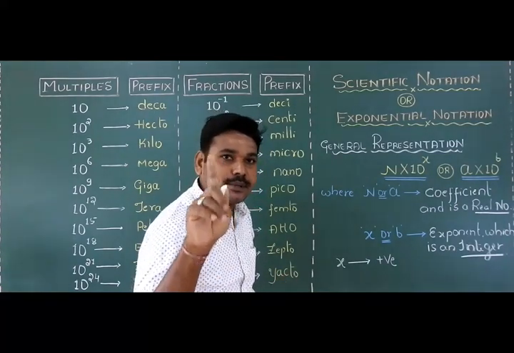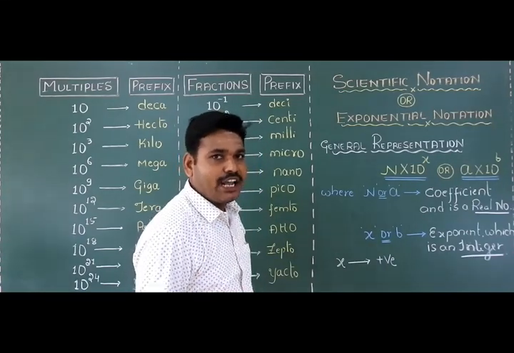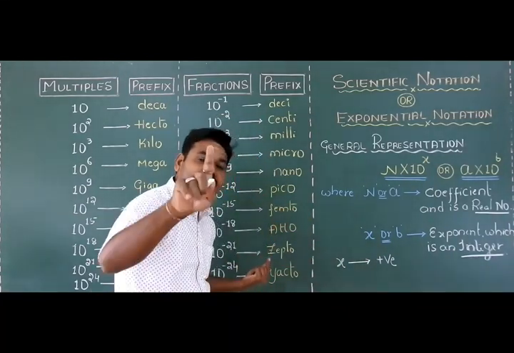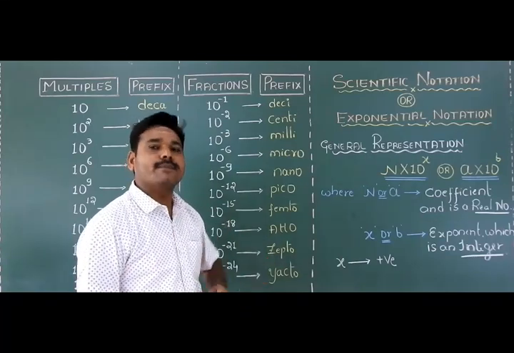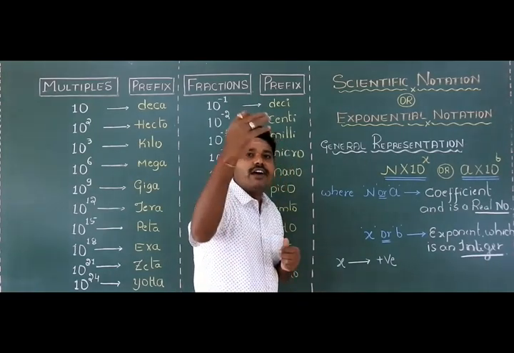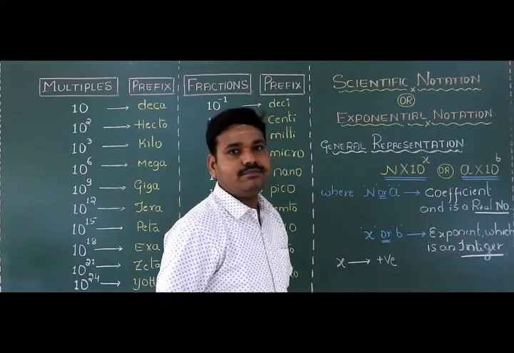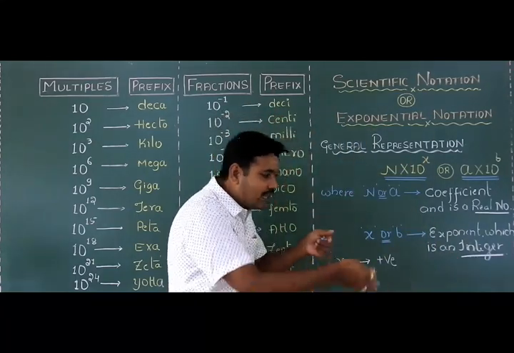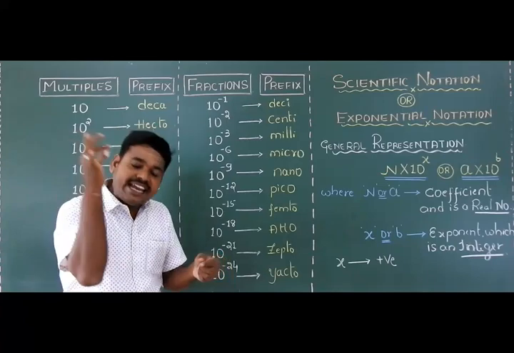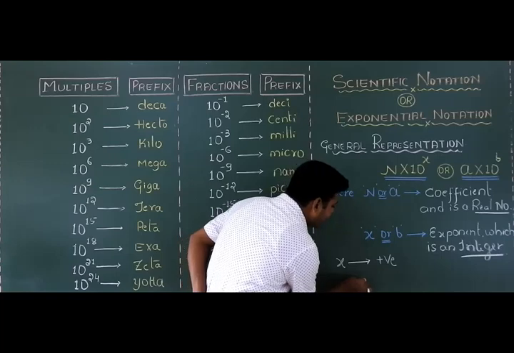When we shift the decimal point towards the left hand side, then only the exponent becomes positive. Then the exponent becomes negative when we shift the decimal point towards the right hand side. That means when you shift the decimal point to the left hand side, the exponent becomes positive; when we shift it to the right hand side, the exponent becomes negative.